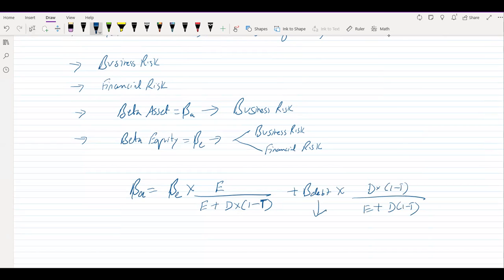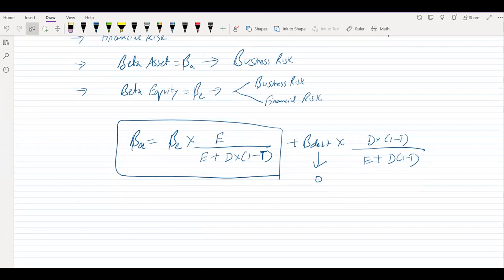So normally we assume that beta debt will be 0. So we always use this term: beta asset is equal to beta equity into equity divided by equity plus debt. Always take market value of equity. E stands for market value of equity. D stands for market value of debt.